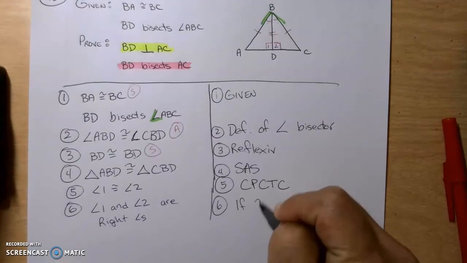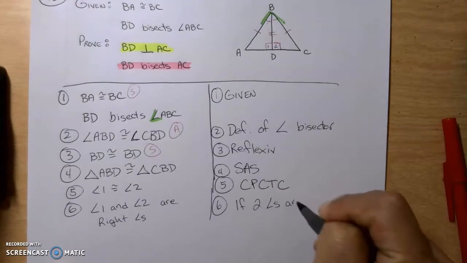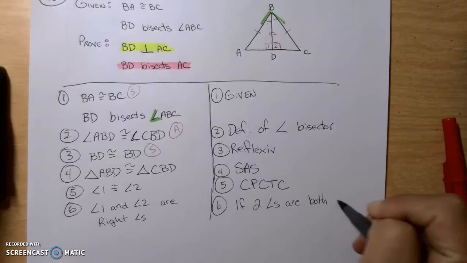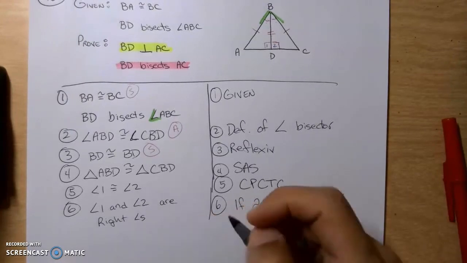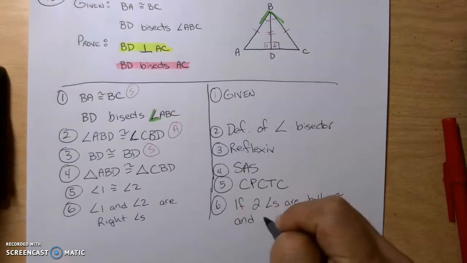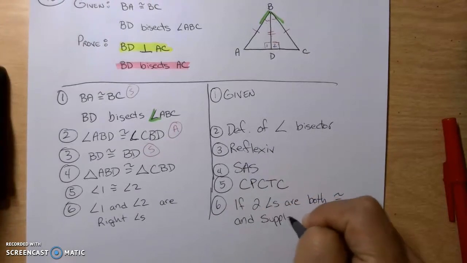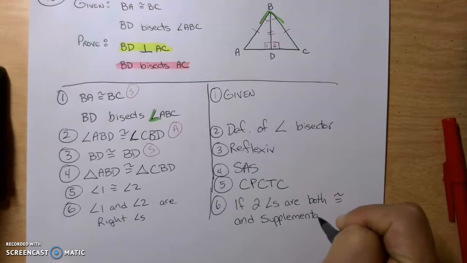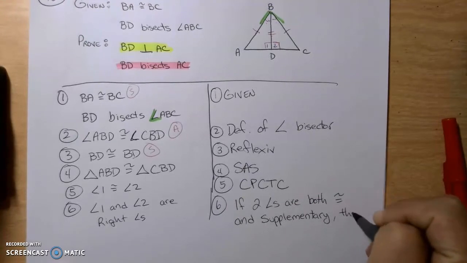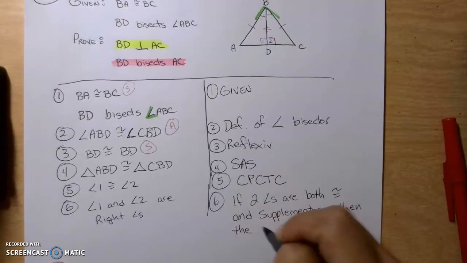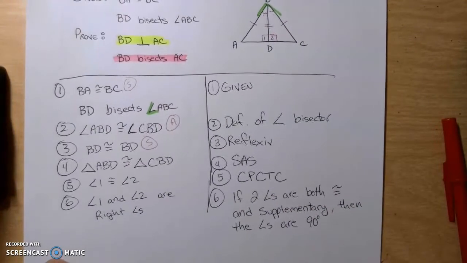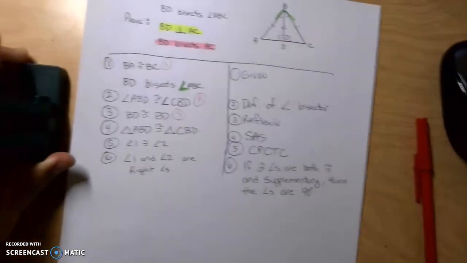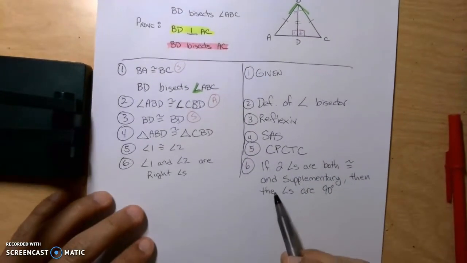If two angles are both congruent, which they are, because we said in step 5 that they are congruent, and supplementary, they both form a straight 180 degree line, then the angles are 90 degrees.